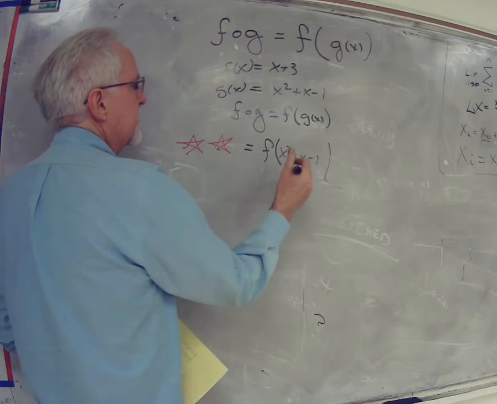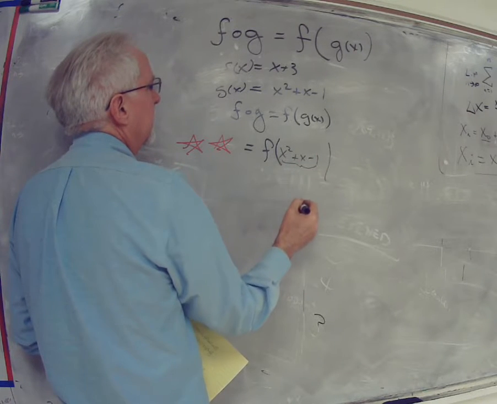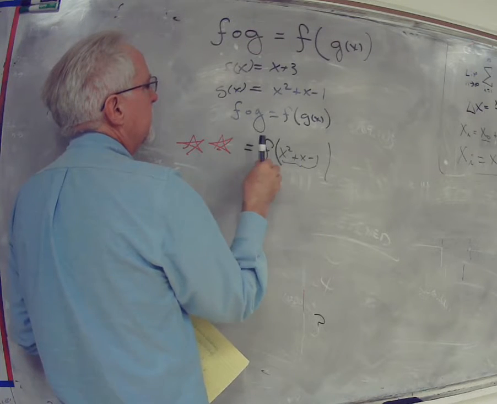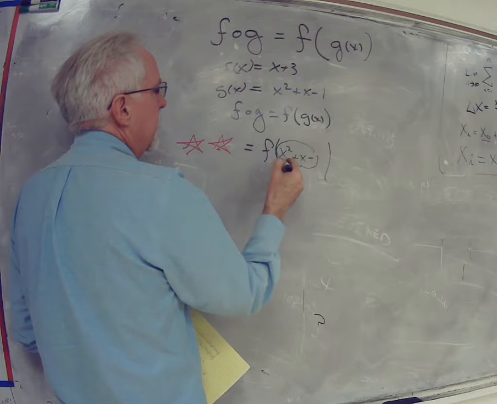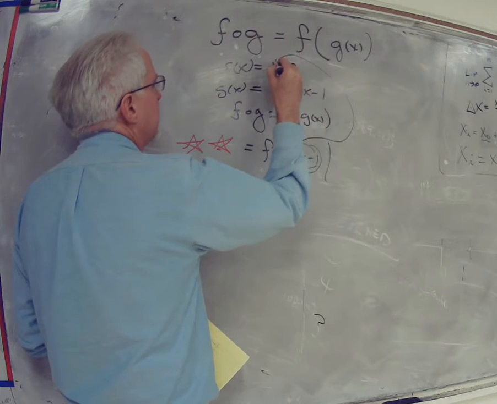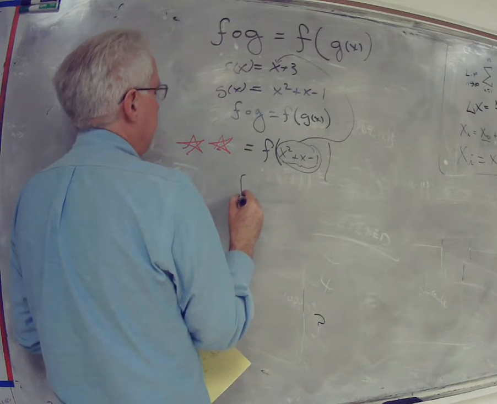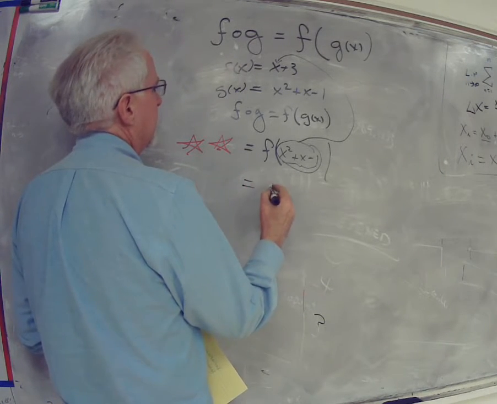Now, where does this go? This goes into f. So this whole thing is plugged in for what? The x. So tell me then, this whole thing is equal to what?